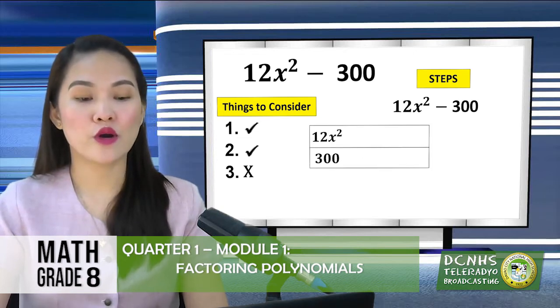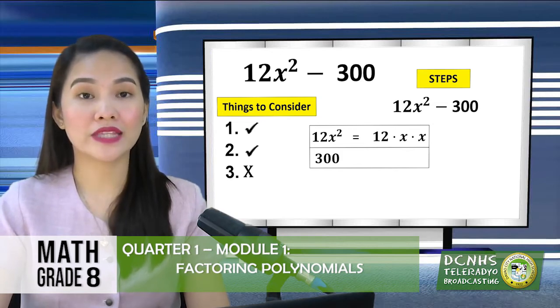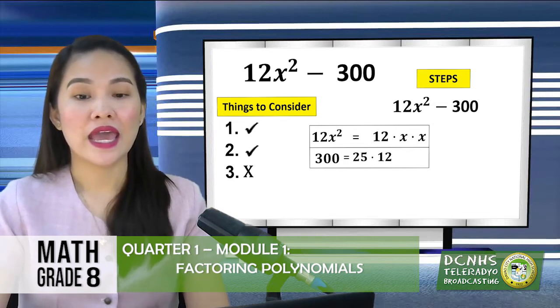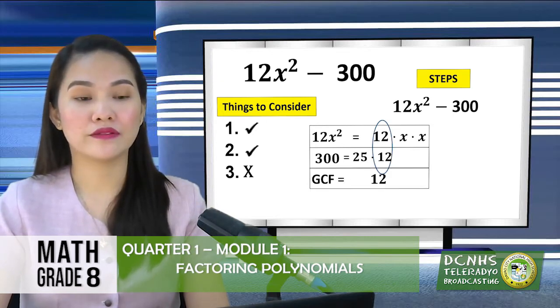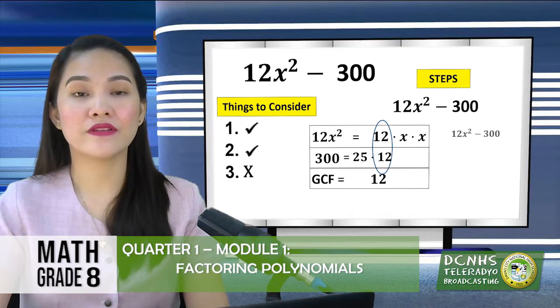First, solve for the GCF of 12x squared minus 300. The factors of 12x squared are 12 times x squared, and the factors of 300 are 25 times 12. The GCF is 12.